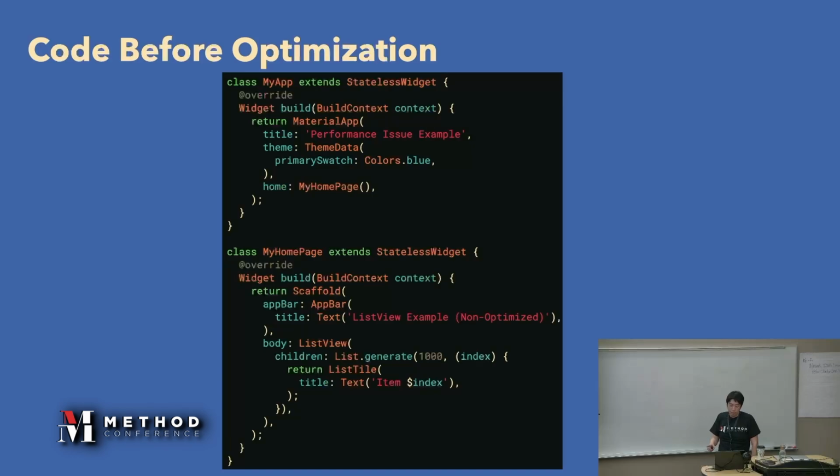Before analyzing this problem, here is the code before optimization. This code uses a very legacy approach for showing multiple list components. I use a ListView widget, and this list includes 1,000 lines. It doesn't seem to have so much of a problem, but here is a problem.